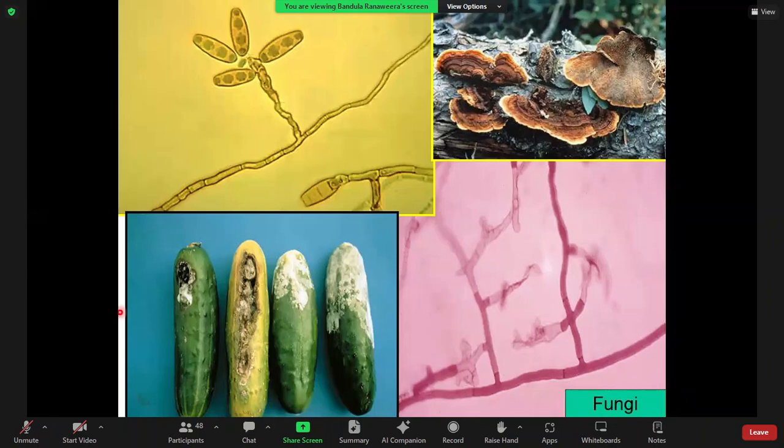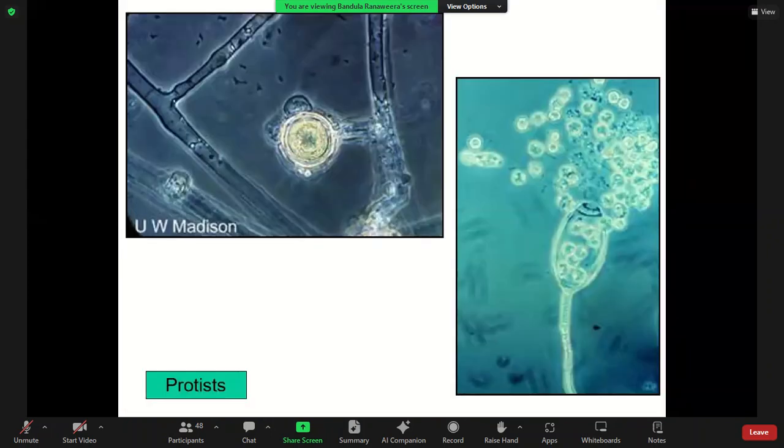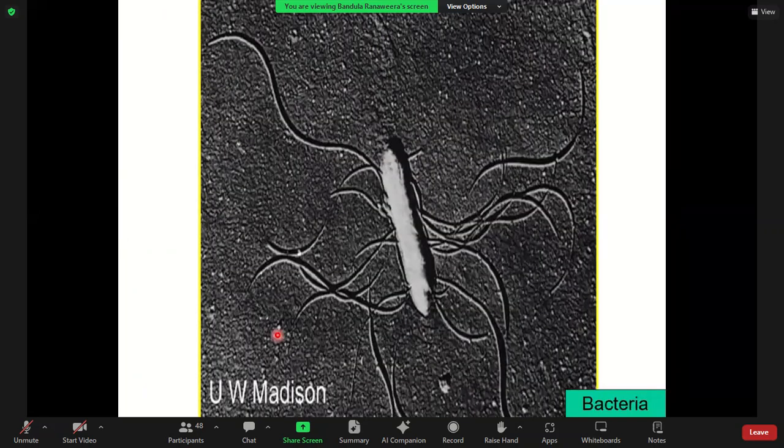Other than fungi, some other organisms called microorganisms from kingdom Protista, or protists, are some type of primitive microorganisms. Then there are bacterial plant diseases caused by plant pathogenic bacteria.